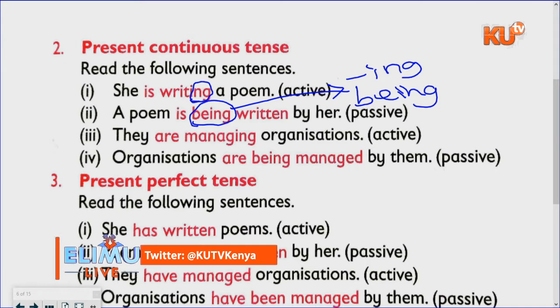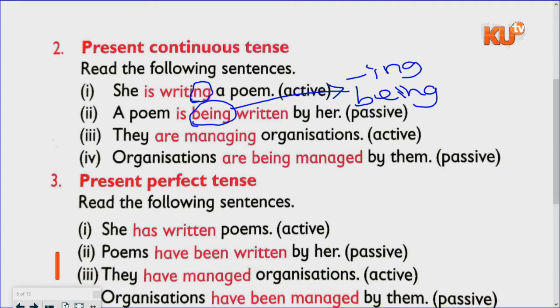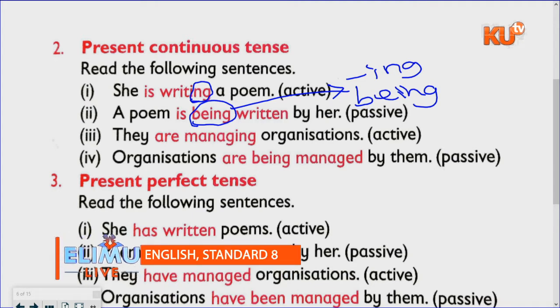So ing will be replaced by being, which also has ing, indicating continuity. They are managing organizations. It is in active and in present continuous tense. So it changes to organizations are being managed by them.